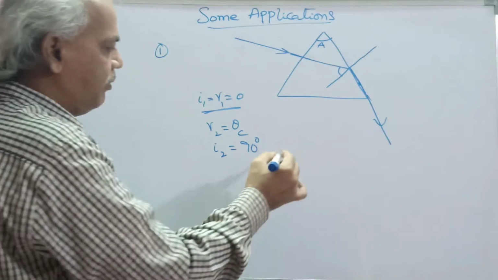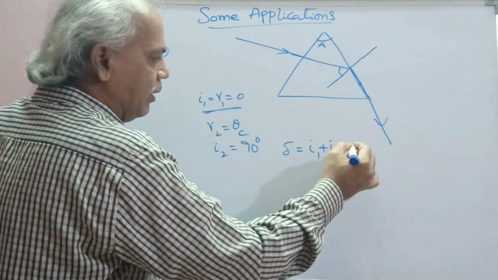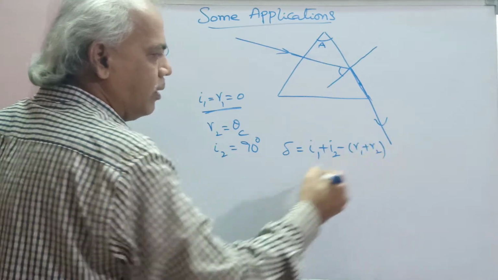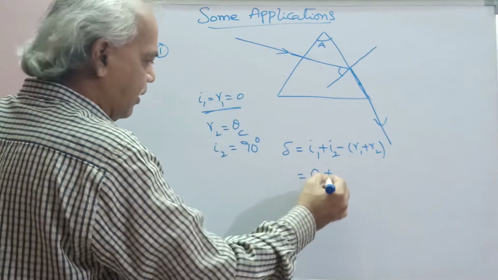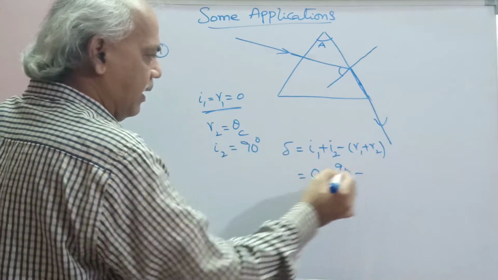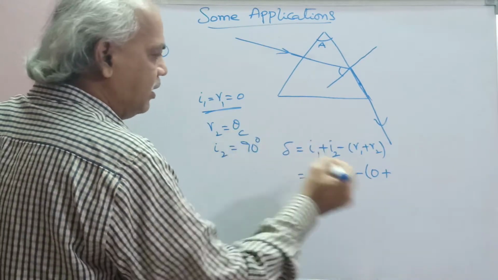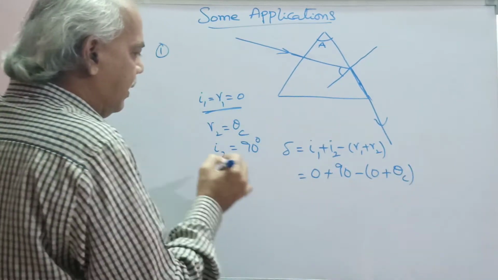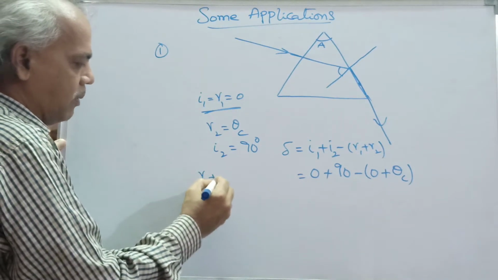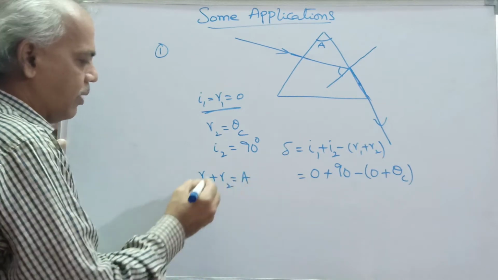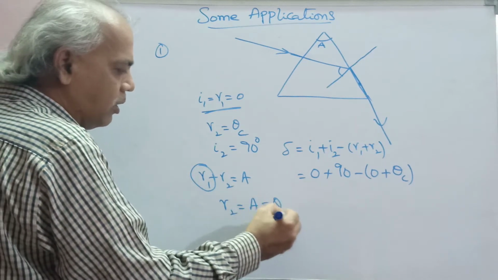So the angle of deviation delta is equal to I1 plus I2 minus (R1 plus R2). It is already derived. Here I1 is 0, I2 is 90, R1 is 0, and R2 is theta c. We already derived that R1 plus R2 is equal to A, so R2 is equal to A, which is also equal to theta c.